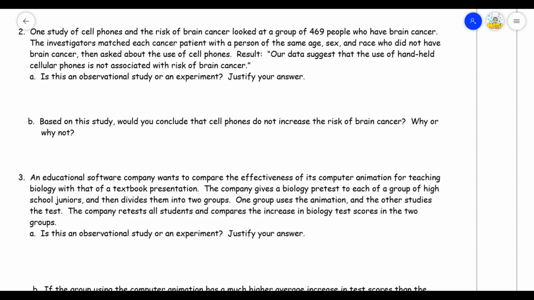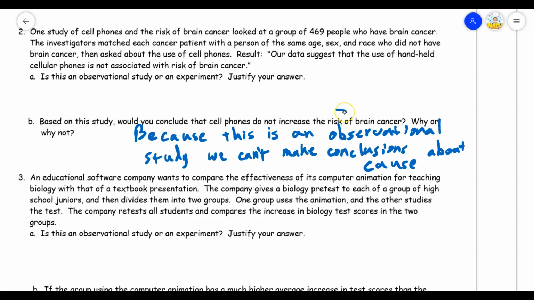They don't have any evidence to suggest that there's a connection, but it's not really proof in one direction or the other. They're just looking at something arbitrary. They're saying risk of brain cancer, but we're always looking to talk about whether one thing causes the other. With an observational study, it's very hard to make those kinds of conclusions.